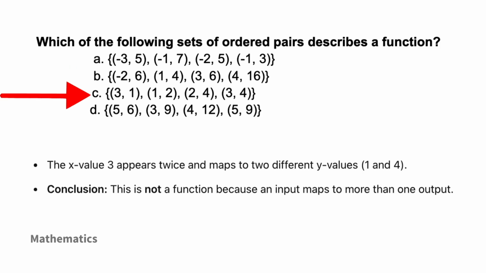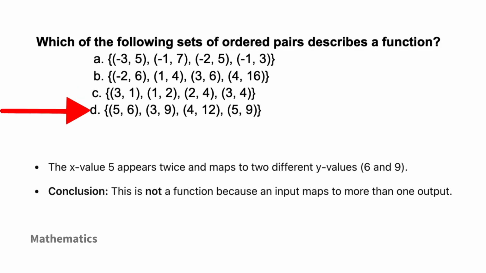So let's do that. We're looking at option C: (3, 1), (1, 2), (2, 4), (3, 4). The x value, 3, appears 2 times and maps to 2 different y values, which are 1 and 4. The conclusion here: this is not a function because an input maps to more than one output.